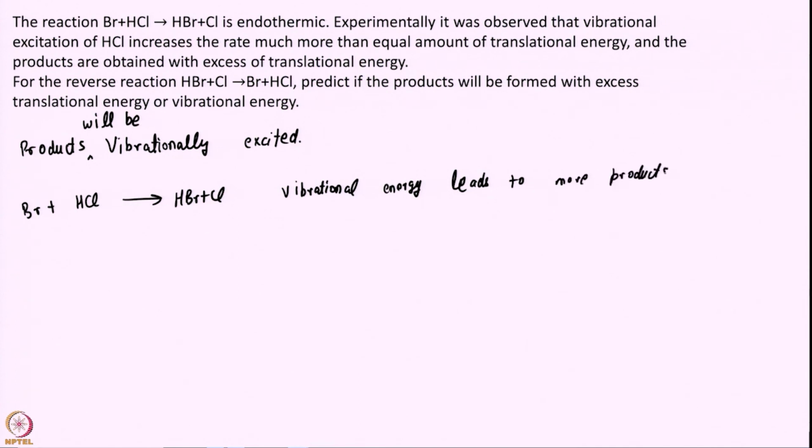So, if I reverse it, I make the products a reactant. I am starting with the products now, and if I move to reactants, remember that Newton's laws are perfectly time reversible. I will end up in reactants having more vibrational energy, I just have more probability of that. So, therefore, products will be more vibrationally excited.